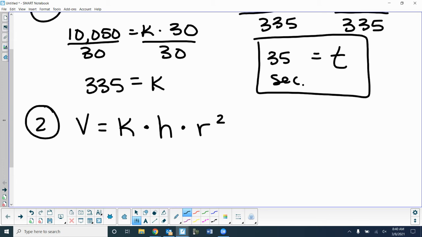So that's the formula for the volume of a cylinder. It tells us the volume's 157 when the height H is 2 and the radius squared is 25.